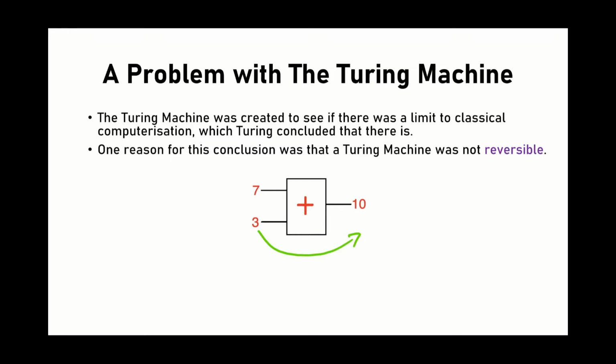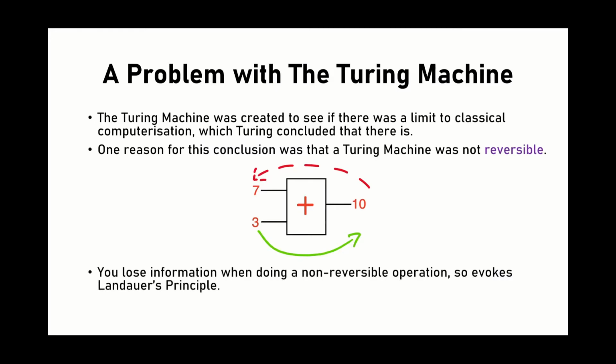However, if we give the computer 10 and say we want to find the 7 and 3 from it, the two numbers that made the sum of the number we gave, well, it wouldn't know what to do. This results in a loss of information from a computer. And this is present in all non-reversible operations.